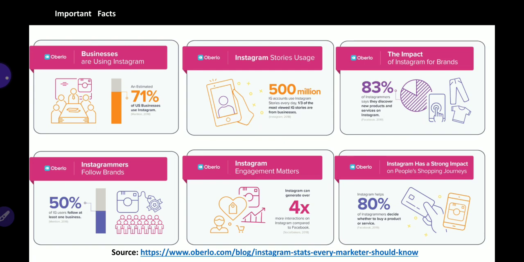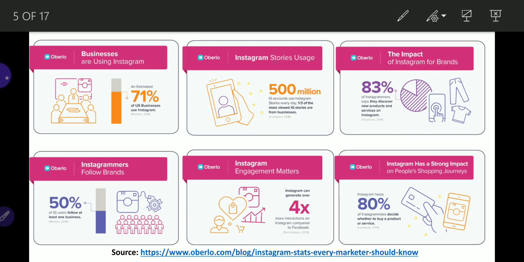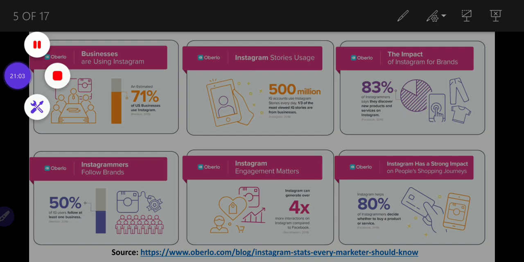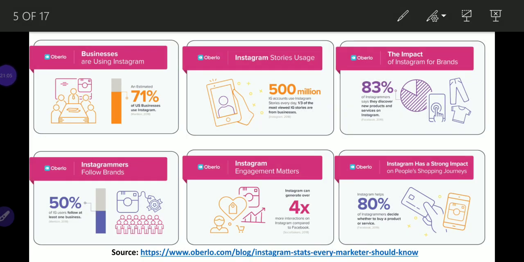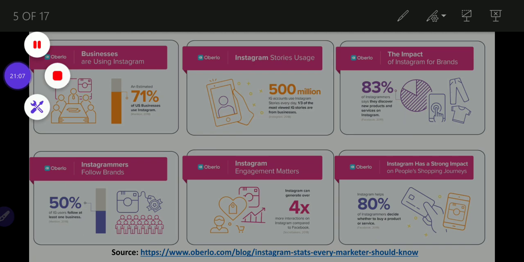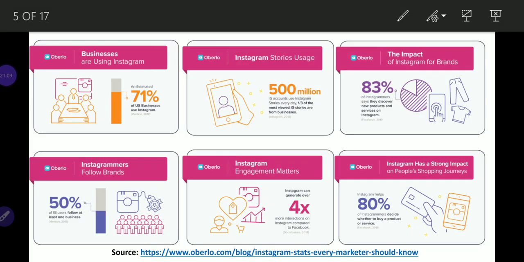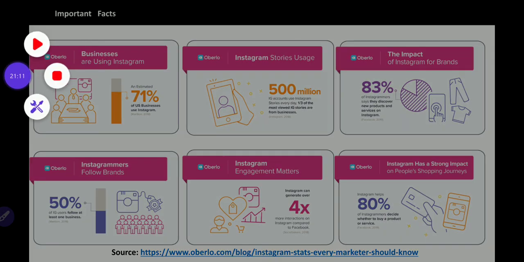Instagram has a strong impact on people's shopping journey as well. Instagram helps 80% of Instagrammers decide whether to buy a product or not. So it is a complete fact chart stating, in minimum information, how relevant it can be for brands to use Instagram.